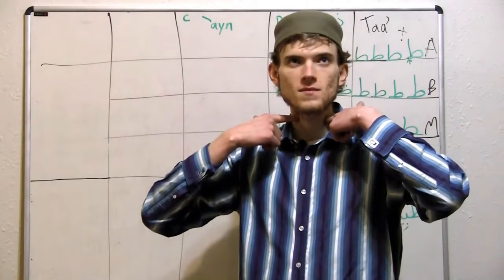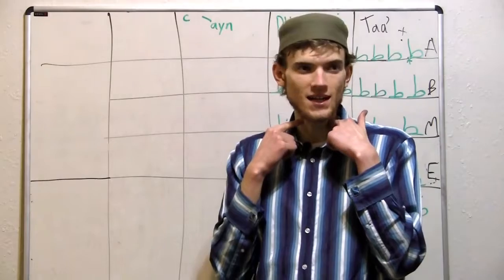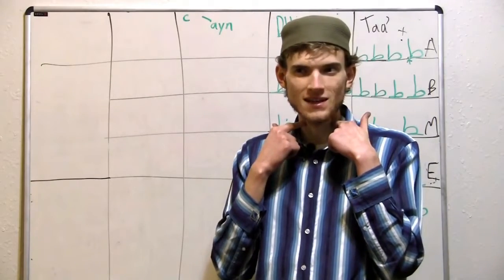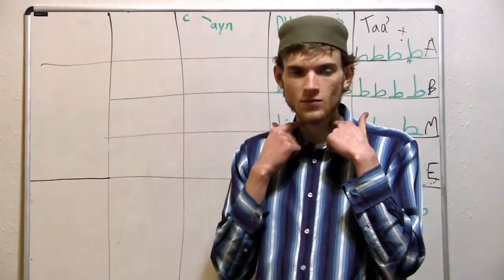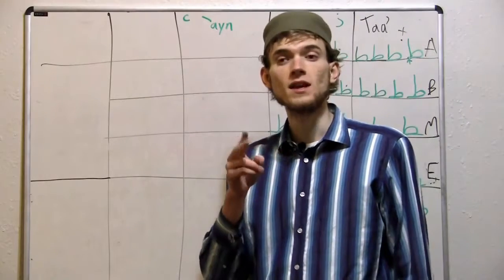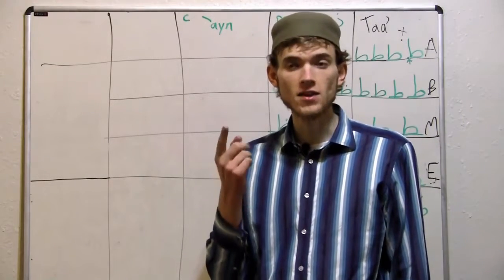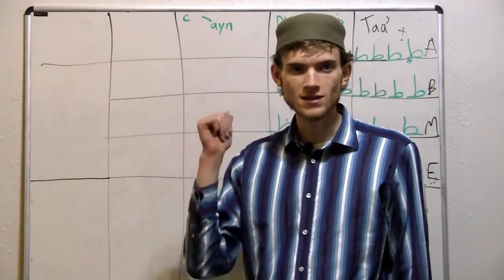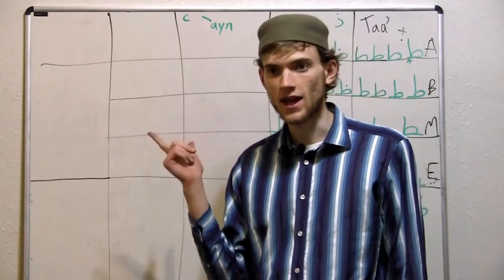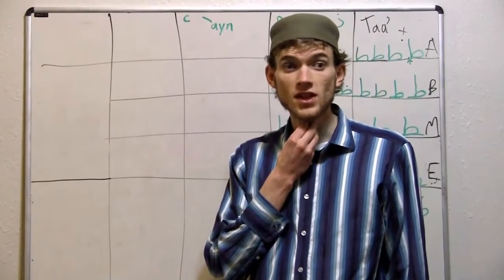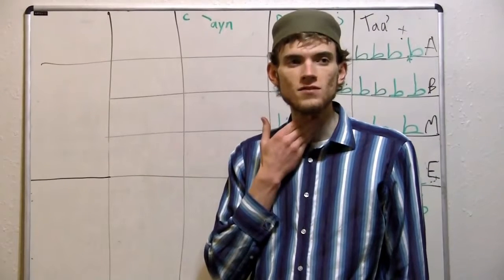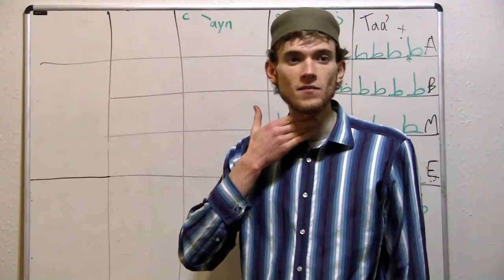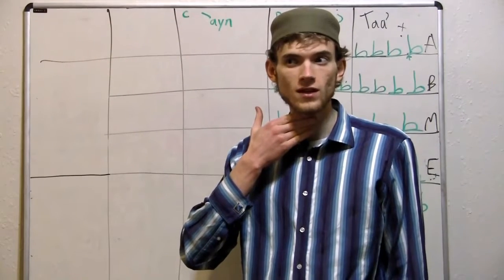The difference between da and ta, the sounds T and D in English, just like the difference between th and dh, the Arabic letters tha and dhal, is that for the dhal, there's vibration going on in the vocal cords, right here.